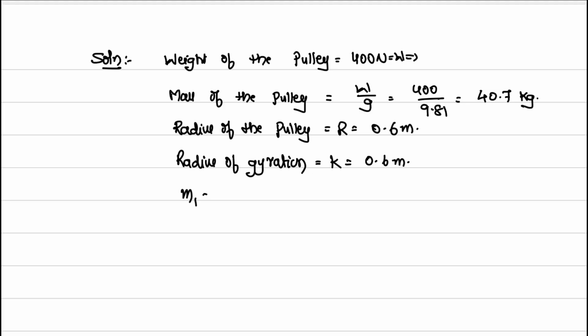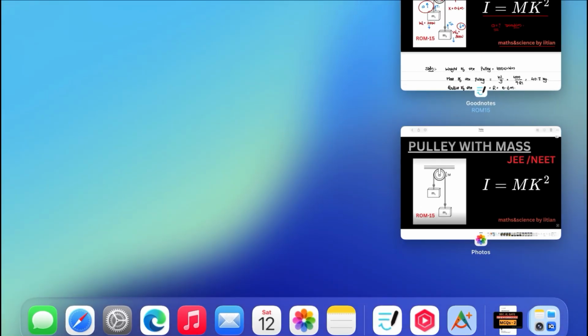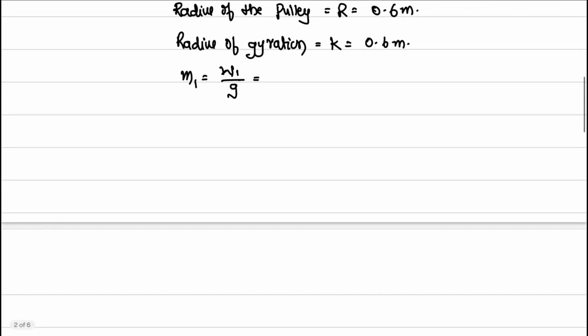M1 is equal to W1 by G. W1 is how much I have given? 200 newtons. 200 by 9.81, or you can make it 10 also if you like.